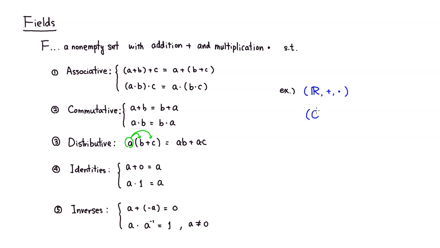We can still use the same regular addition and multiplication because we know how to add and multiply rational numbers. Those are very simple examples of a field. That's it. I hope that this was clear.